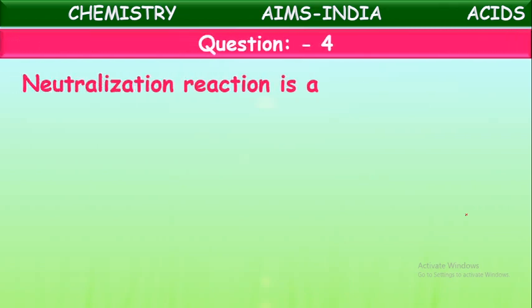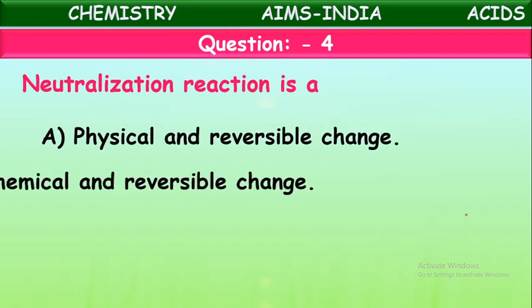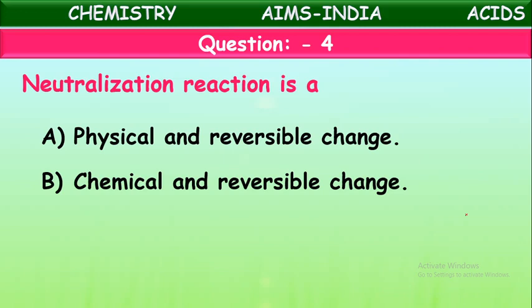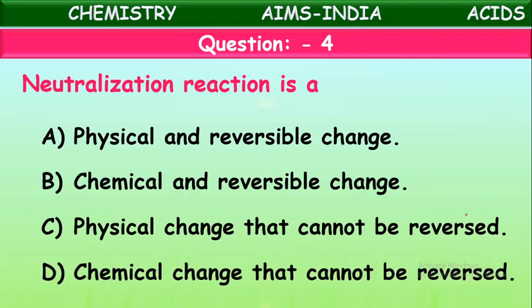Neutralization reaction is a: physical and reversible change, chemical and reversible change, physical change that cannot be reversed, chemical change that cannot be reversed. Yes, children, what is a neutralization reaction? Is it a physical change or a chemical change?